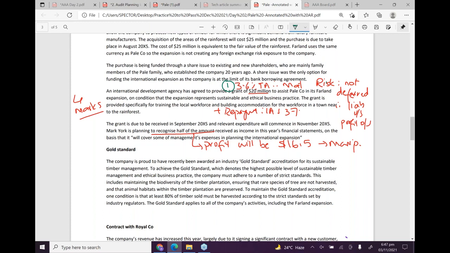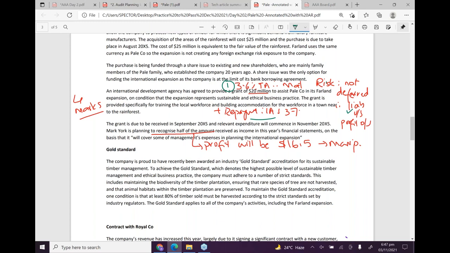You get marks for talking about IS 20, that you have to defer it and release it to the P&L in line when the expenses are incurred. The risk is it is not deferred and therefore liability is understated, profit is overstated. If you read your standard answers in the revision kit, you will see that she always talks about repayment.